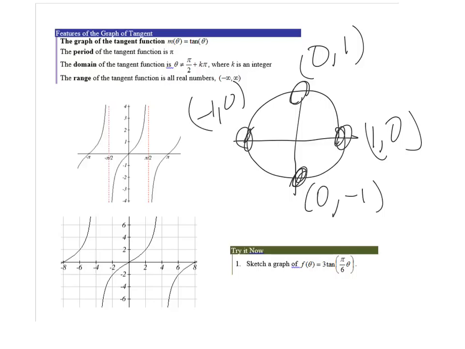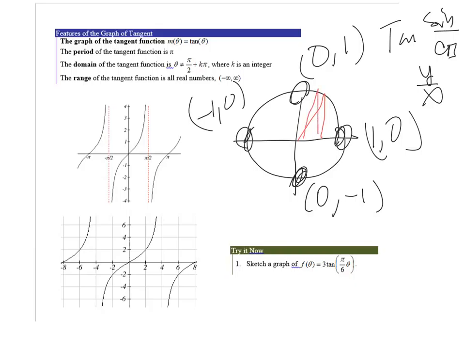you also think about that tangent is the same thing as sine divided by cosine, or y divided by x. For 0 degrees or 0 radians, if I take 0 divided by 1, I get 0. And that's where you see that there. And then as you start getting closer and closer to pi over 2, or 90 degrees, notice that the y side gets longer, the x side gets shorter, right?